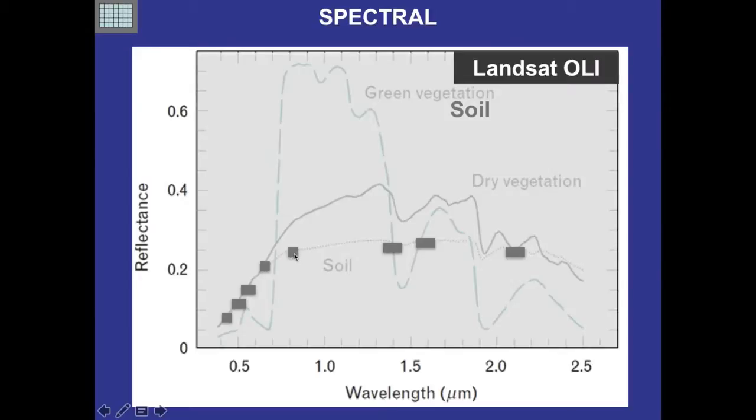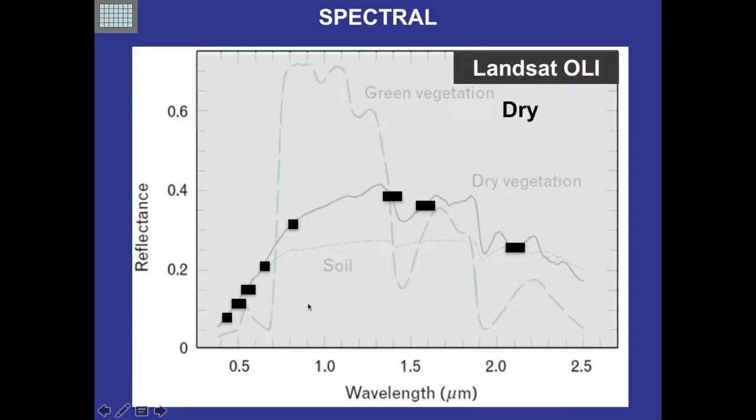Band 5, near infrared, and then the counting is a little bit strange here. This is actually band 9, cirrus, and then 6 and 7 in the shortwave infrareds. Now it's not exactly a curve that you get, but you are able to get different points along this axis with different reflectances that allow you to say, well, this is probably something that might be soil.